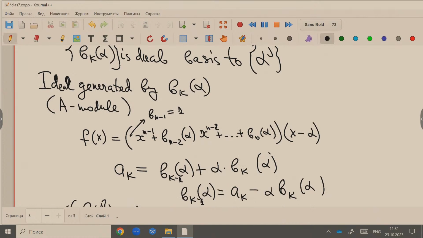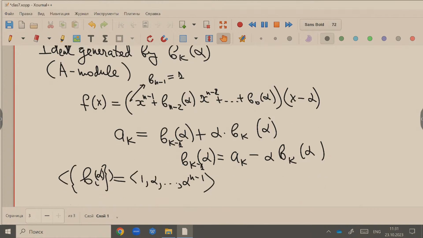So I have to write down 1 over the derivative. Formally, the dual basis is b_k over the derivative f prime of alpha. Since these generate the same thing as alpha^j, the full dual basis is 1 over f prime of alpha.